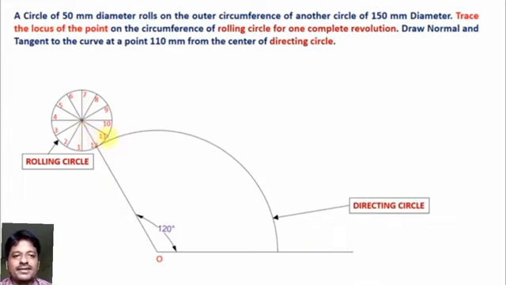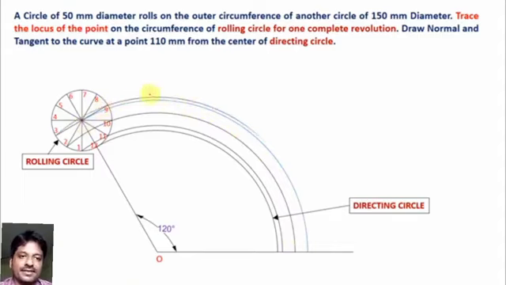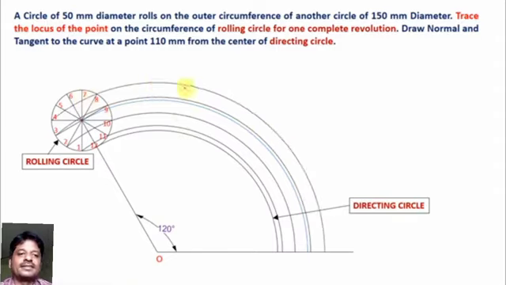Now take the arc from all the 12 equal divisions like this. So for 11, then 10, then from the center. So this is the blue line which represents the center arc of the rolling circle. And then from 9, then from 8, then from 7, 6, 5.